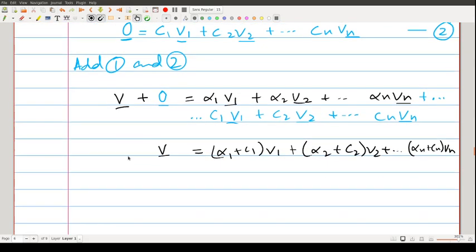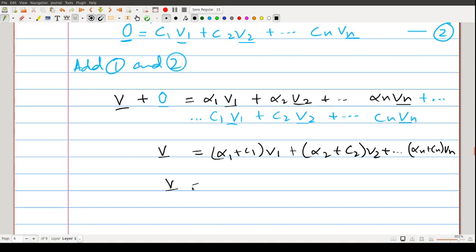And notice that this is another representation. If I consider these coefficients to be beta 1, beta 2, beta n, then this is another representation of V in terms of the vectors Vi: beta 1 V1 plus beta 2 V2 plus dot dot dot beta n Vn. So what have we shown?